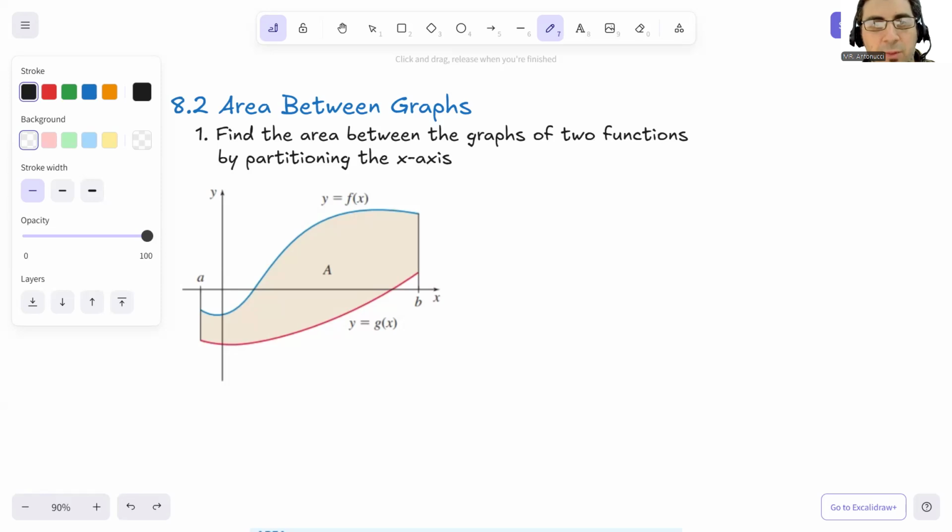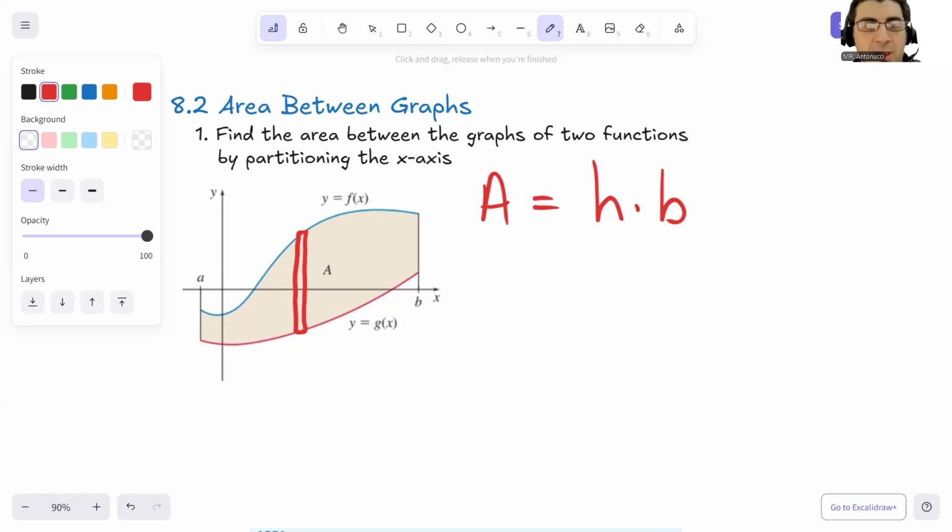So if we draw a vertical rectangle here between the two functions like this, the area of that rectangle is the height of it times the base of it. The base of that rectangle is the width of the interval on the x-axis, so that's delta x. The height is actually the difference in y values, so you can think of it as y2 minus y1.